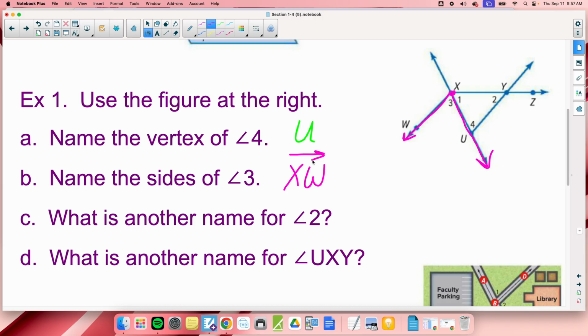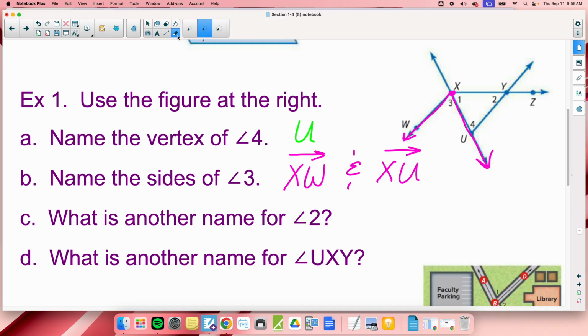X has to come first. When I name this, do you get it would be XU? Okay. There's a question like this on the quiz, and a lot of people get this part wrong. So when you name a ray, you start at the vertex, and this is XW, this is XU.